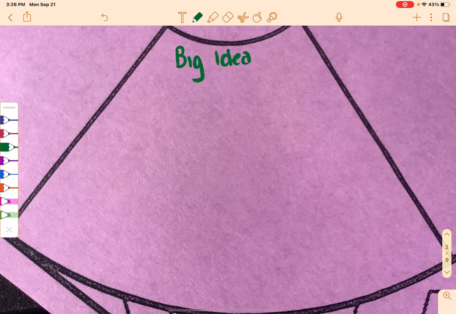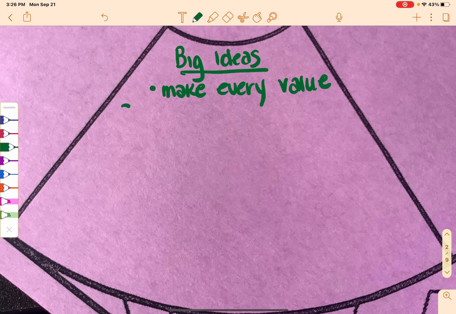So for my big ideas, the big thing that we need to remember on this is that we need to make every value a total fraction.